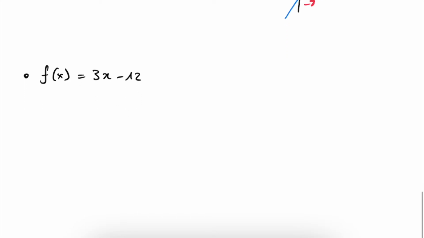Quite straightforward, right? Let's now look at the next exercise, which is f of x is equal to 3x minus 12. Again, the first point is very straightforward: it's 3 times 0, because x is 0, minus 12, which is equal to minus 12.